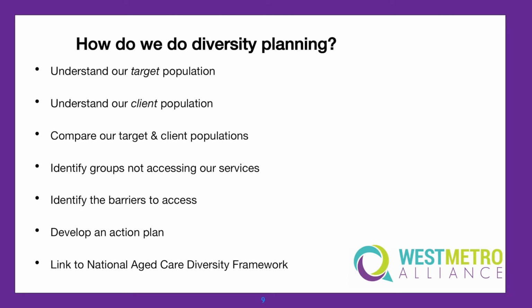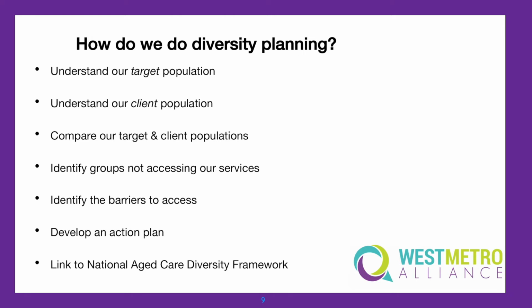When we've completed this process, we then think about some of the barriers that this group of people might be experiencing that doesn't allow them to access our service. So here is where we do that self-reflective piece around how is it that we're engaging? How is it that we are communicating? Can we extend the way that we are connecting with the community? Can we broaden? Can we connect with other organisations?